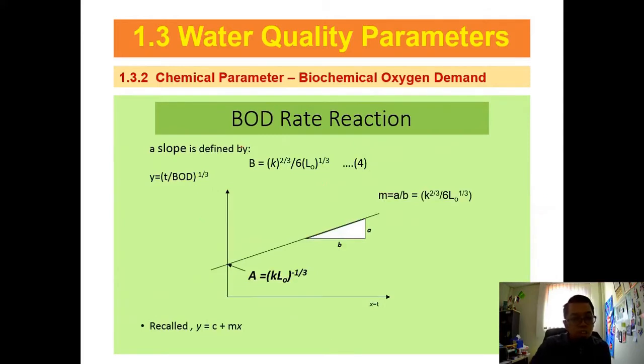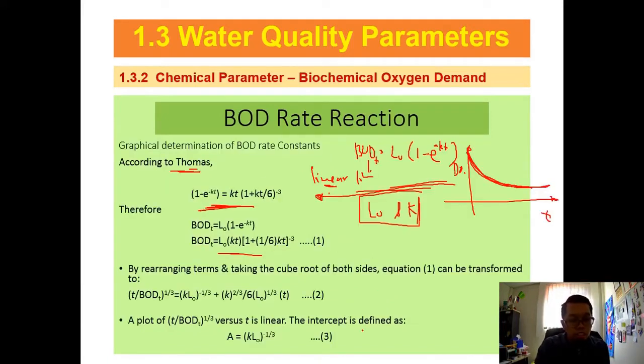So how you can do, if you have the data, you need to plot the y axis as (t divided by BOD) to the power of 1/3, and the x axis is the t. Okay, you plot here and then you can get a straight line. Based on here you get the intercept, and this is the linear equation.